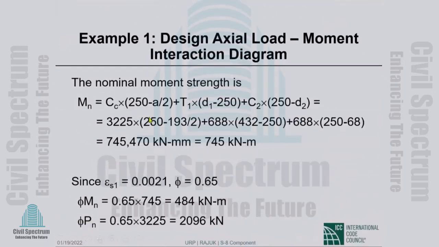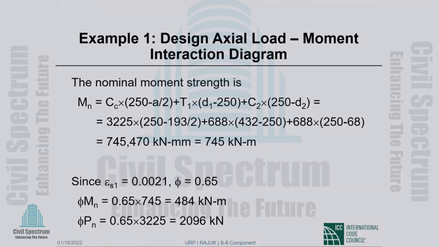M sub n, by taking moments of the three forces about mid height of the section, comes to 745 kilonewton meters. Epsilon sub s1 now is 0.0021. So this is the beginning of compression control.